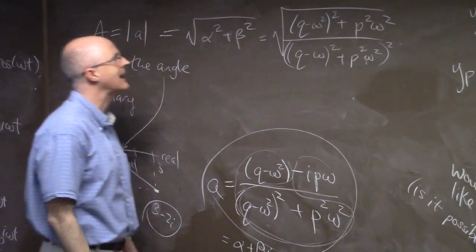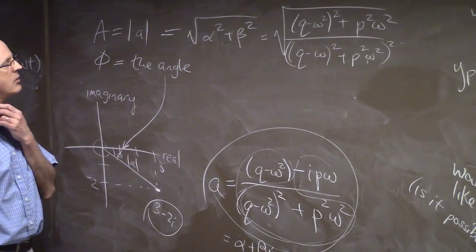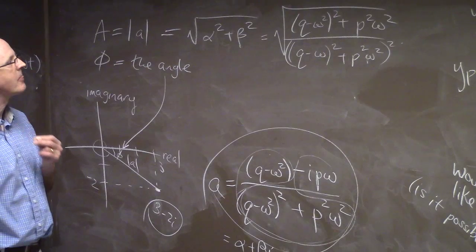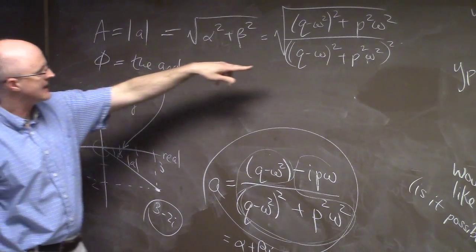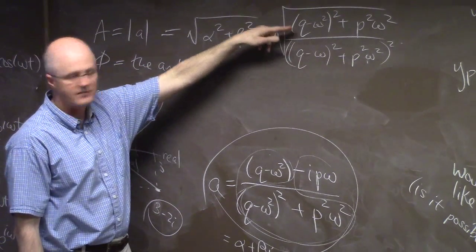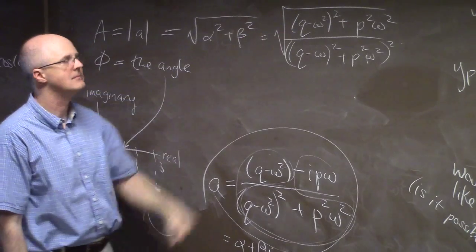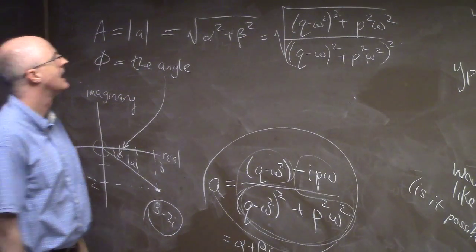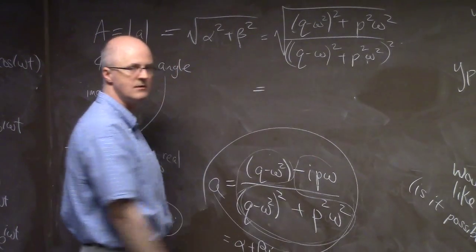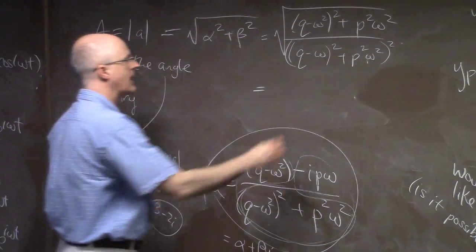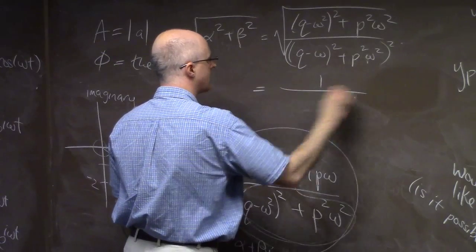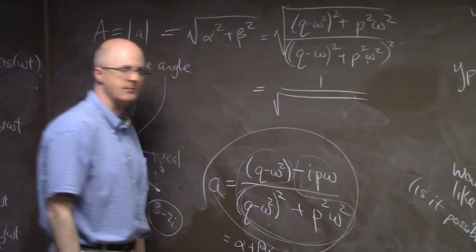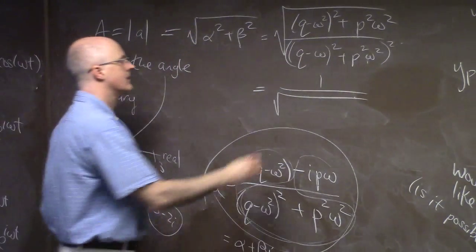I didn't have to do that. There's another way I could have thought about that would have been quicker, because the bottom is the square of the top. Right? No mistakes? Therefore, I can cancel one of those factors and just write this ultimately as 1 divided by the square root of the bottom without a square there.